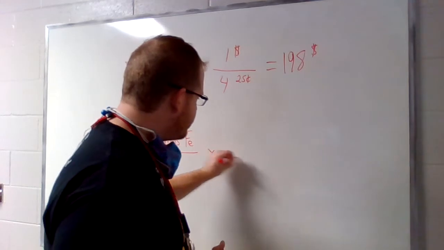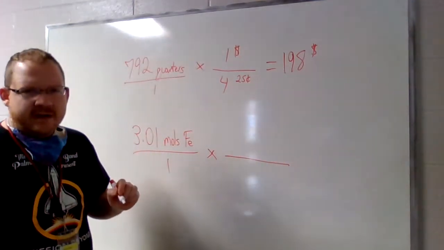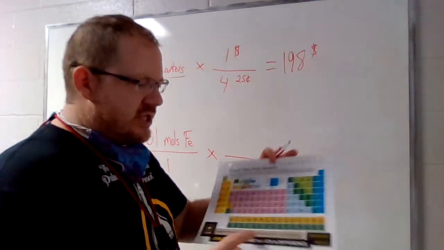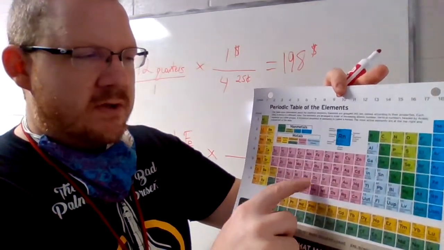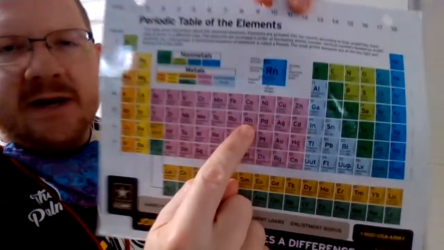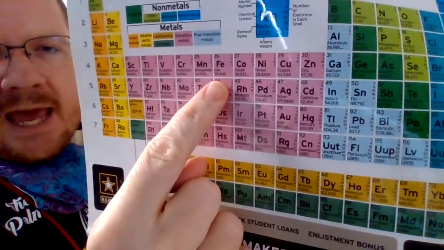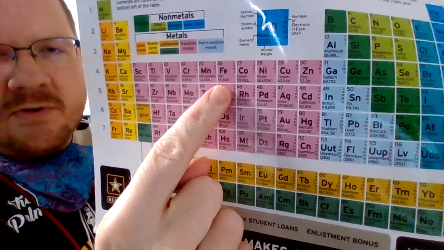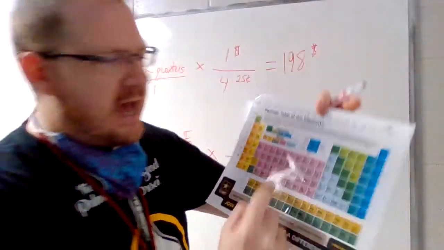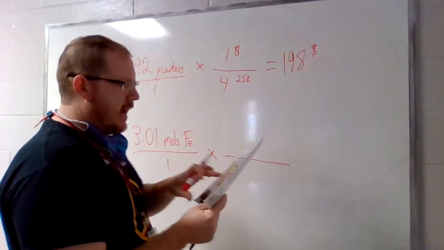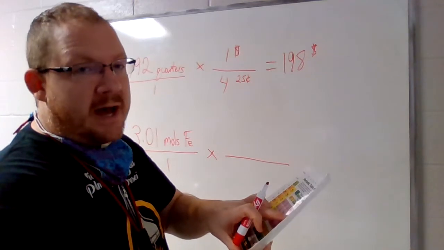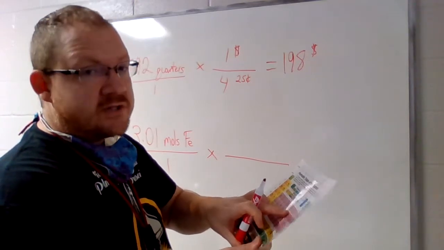So here, I need to make a conversion factor. Now, how much does iron weigh if I have 1 mole? So I'm going to find it on the periodic table. Iron is right there, Fe, on the periodic table. You can look it up on your periodic table. You can find one online. You can probably have a link to one on Sapling. And so you look at the number at the bottom. That's your atomic mass. It's also your molar mass.